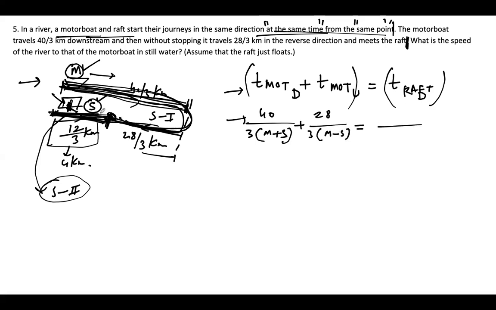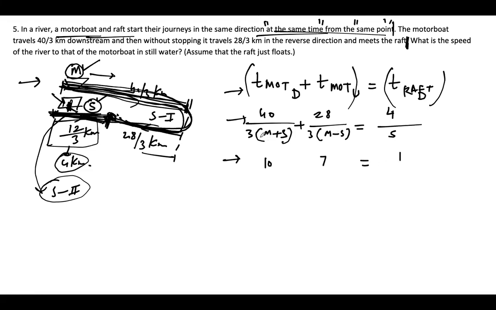What is the time taken by the raft? 4 kilometers, so 4 by s. Yes. Can I divide this equation by 4? See, 4, 28, 40. I'm dividing the whole equation by 4, so I'm getting 10, 7, 1.